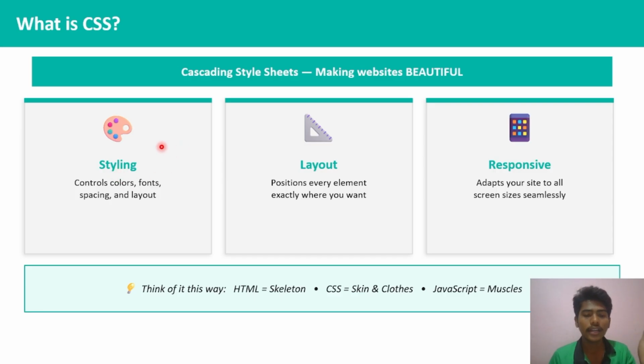Here we can see that it is a layout. So this is what CSS can do. It controls the colors, fonts, spacing, and layout. Not only this, it can control, maintain, and create many things. We can do many things with CSS.